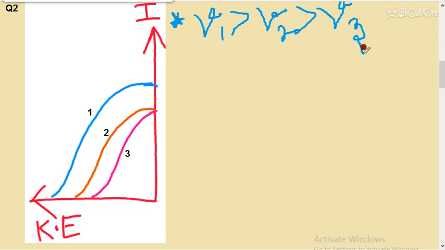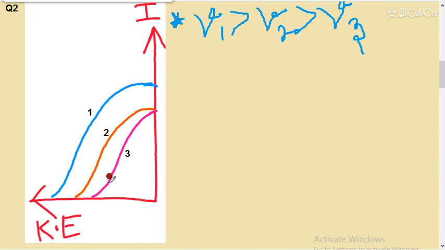Students, I am repeating, you can see here the kinetic energy for the incident radiation of first case is more than the kinetic energy for the second case as compared to kinetic energy of third case. So that means the incident frequency for the first radiation is more than the second and the third. Okay, so I hope it is clear. mu1 greater than mu2 greater than mu3.